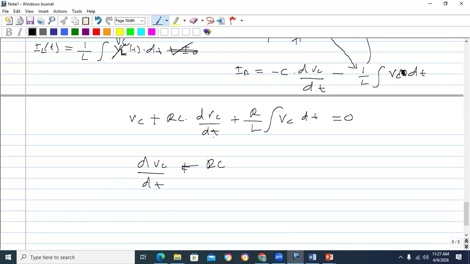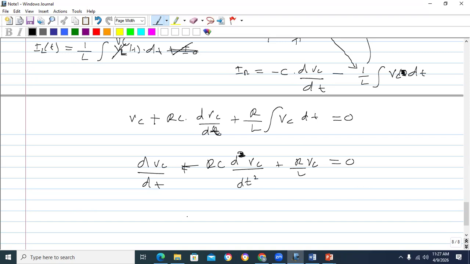This is a first derivative, so once you do the derivation with respect to t, we will have the second derivative, that is d square V dt square plus R over L. Once you get the derivative of this integration, only VC is there.